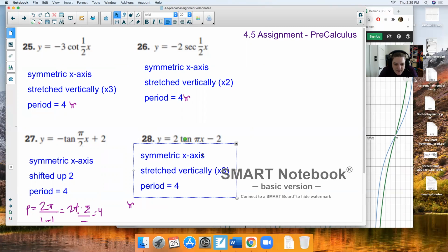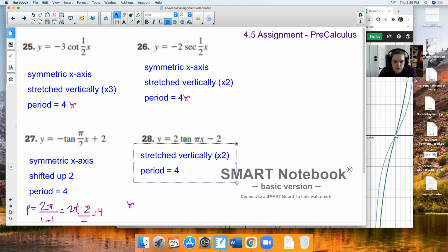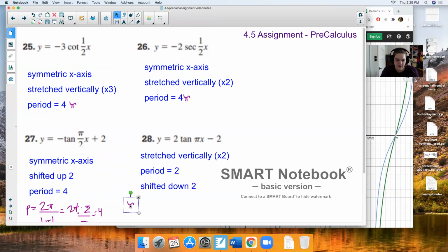And then this one's, oh good, not symmetric anymore because there's no negatives, but it is stretched vertically by a factor of 2. Its period is now 2 pi over pi, and so that just means 2. And then it's also shifted down 2 units, so it doesn't have that x-axis as its middle point. It's got the down 2, -2.